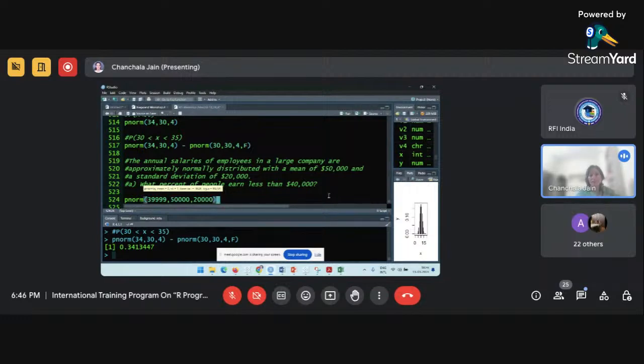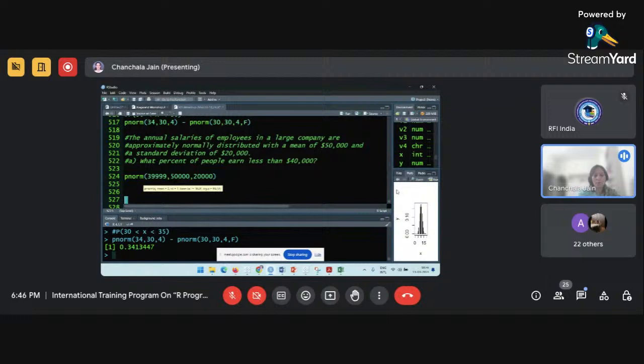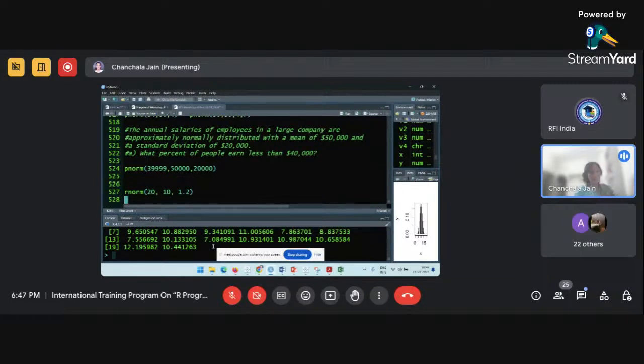Suppose you want to generate certain random numbers, talking about rnorm. Suppose I am generating 20 random numbers with mean 10 and standard deviation 1.2. These are the numbers which will follow the normal distribution once I plot them on a graph, right?